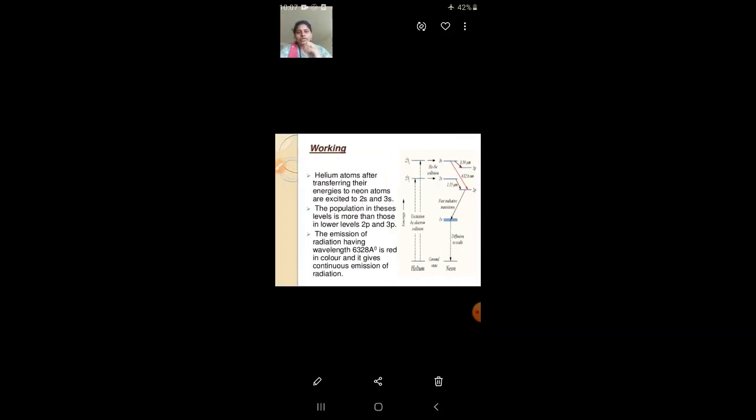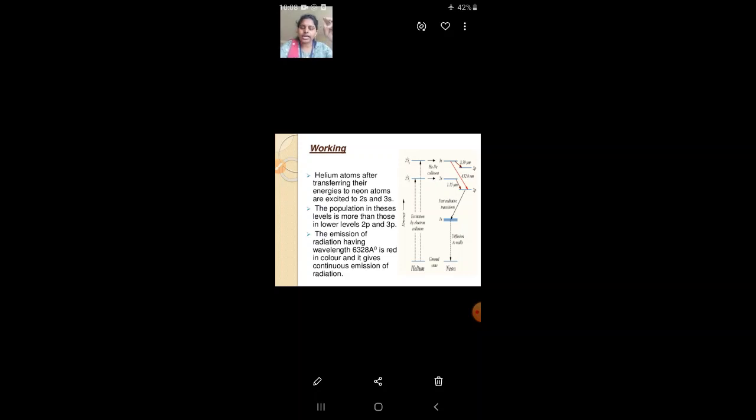Whenever a helium atom is excited, it absorbs some energy and goes to a higher energy state, then loses the energy and jumps to the ground state. In that case the neon atom is already there, and the neon atom absorbs that energy and is excited to the higher energy state.